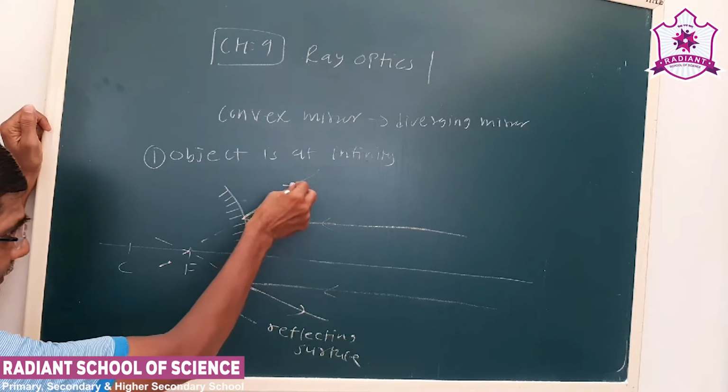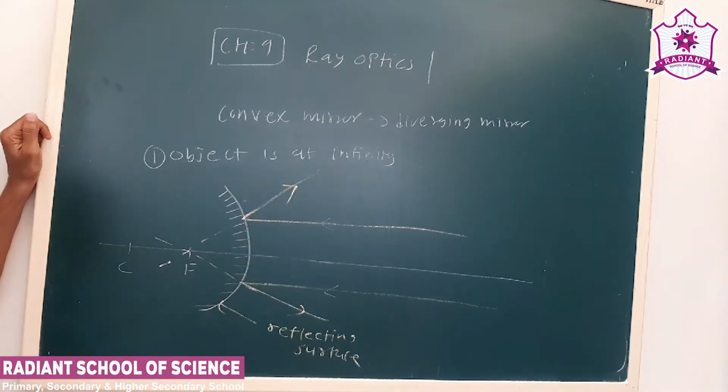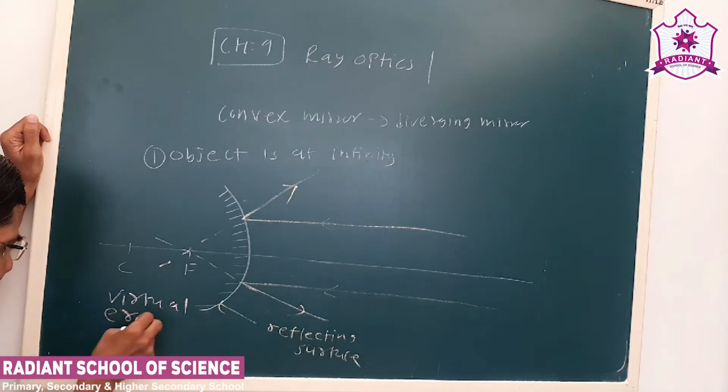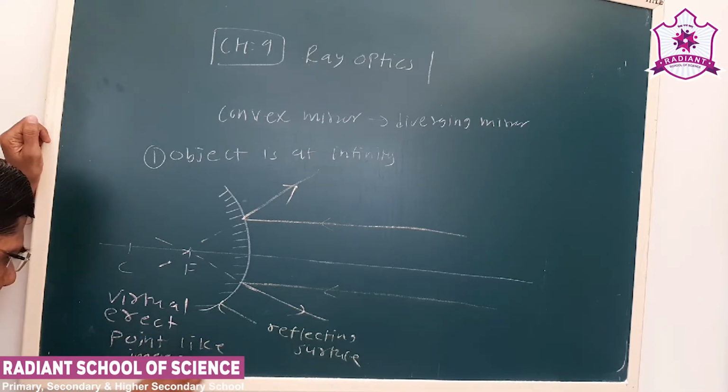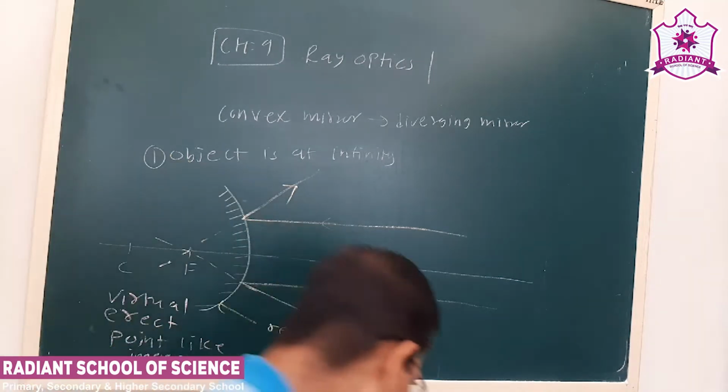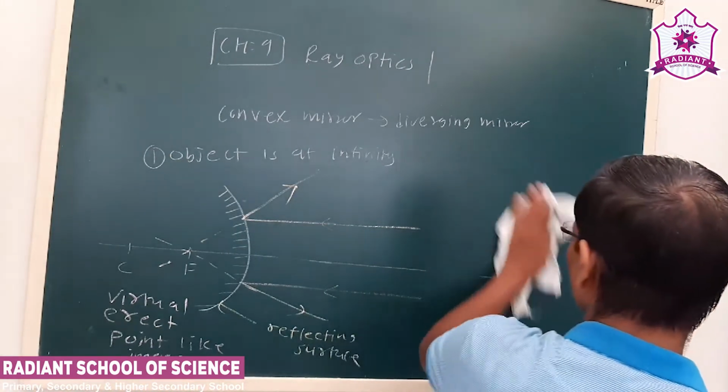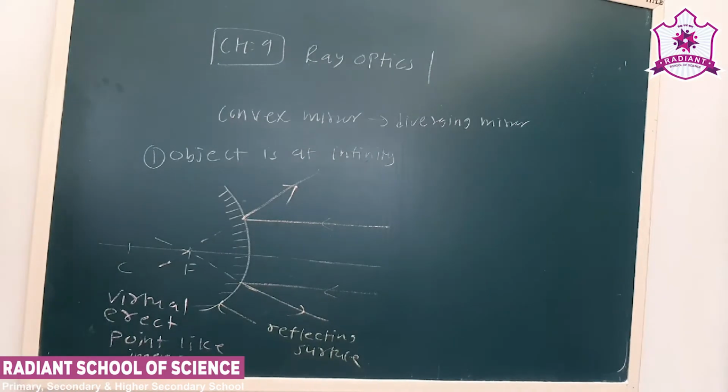Actually, the rays are not meeting, but we have produced them to meet at F. So the image is virtual. See, a virtual image is always erect, and smaller. Here also it will be a point-like image. So the first condition for the mirror, when the object is at infinity, the image formed is virtual, erect and point-like.